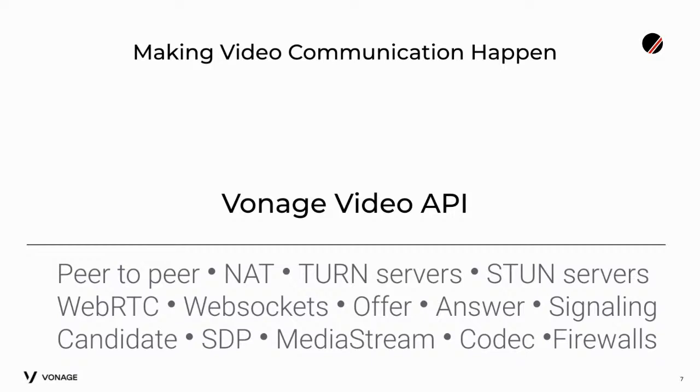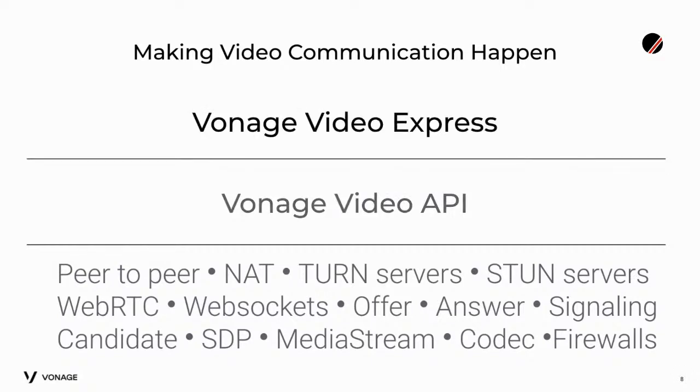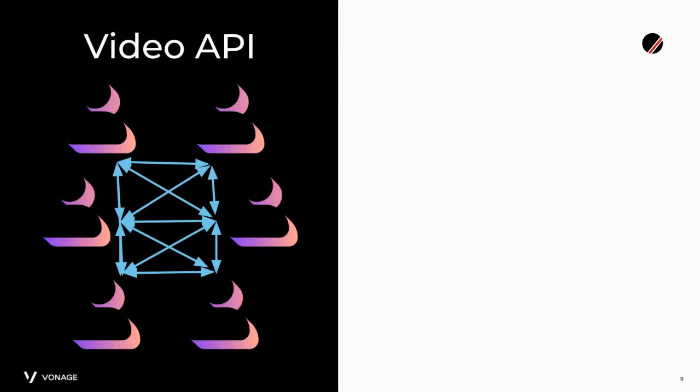So on top of the Vonage Video API, we have the Vonage Video Express. It's not just another thin layer on top of the Vonage Video API, it also gives you some cool functions. Remember in the Video API we had to keep track of all the subscribers and the publishers?